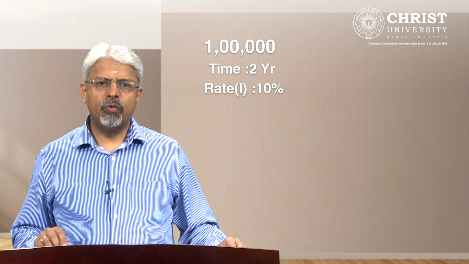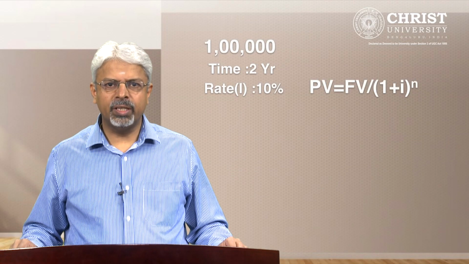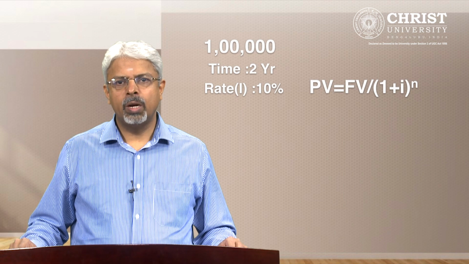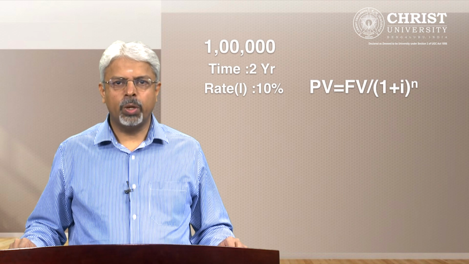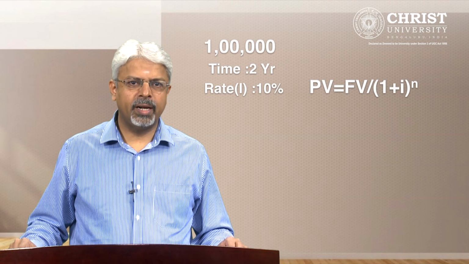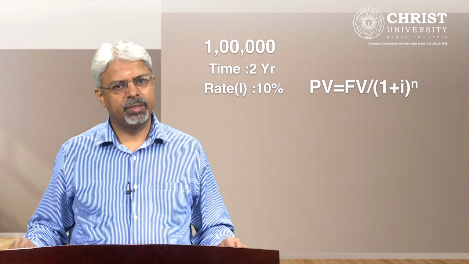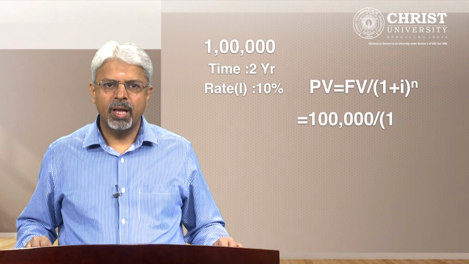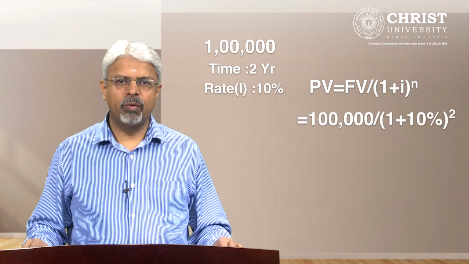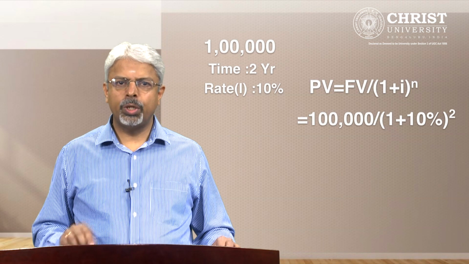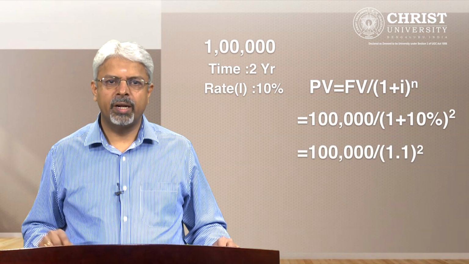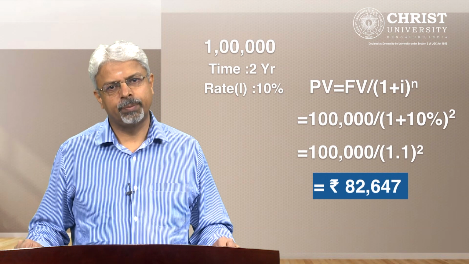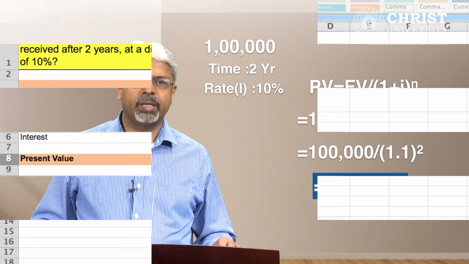We know the formula for this present value: PV is equal to the future value FV divided by (1 plus I) raised to n, where I is the interest rate per annum and n is the number of years. In this example, FV would be 1 lakh rupees, I would be 10% and n would be 2 years. By substituting the numbers in the formula, we get an answer of 82,647 rupees. Now, let us turn to Excel.